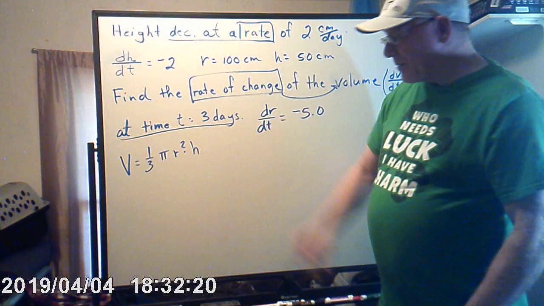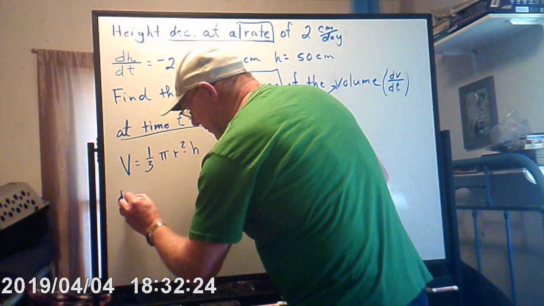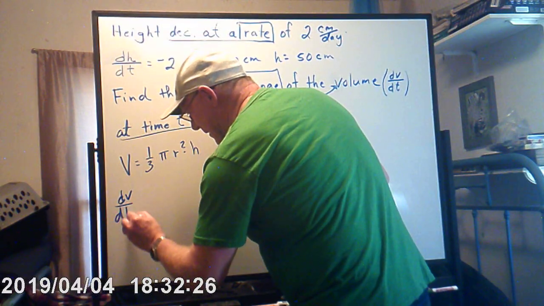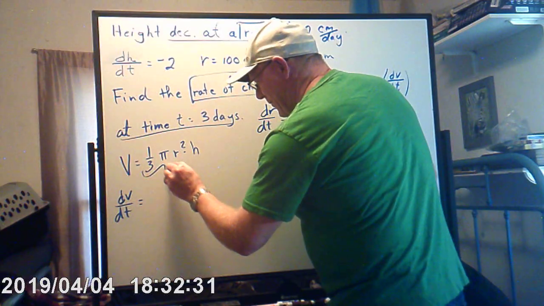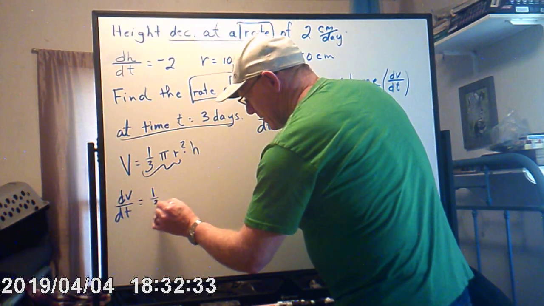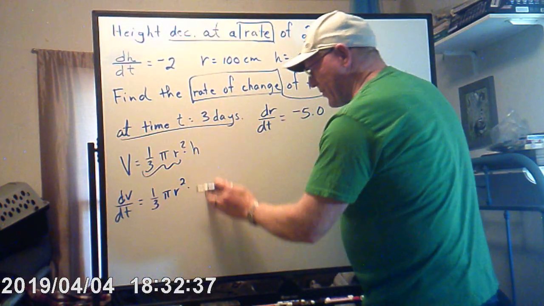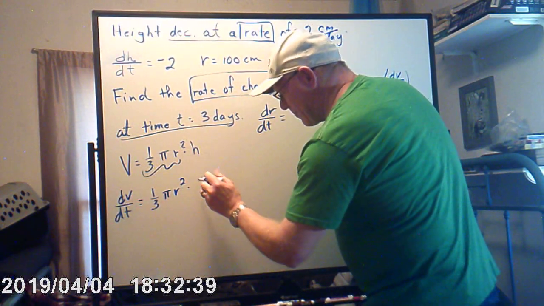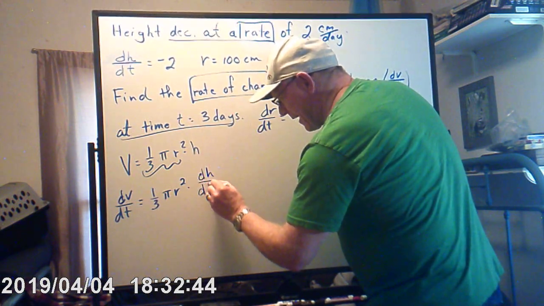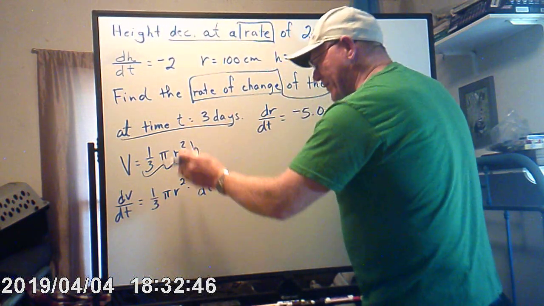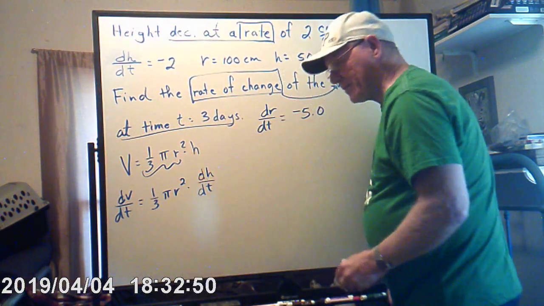This is a product rule, so let's just get the derivative of the left side, dV over dt. Now it's the first, all of this, times the derivative of the second. And the derivative of H is 1, but it's 1 times dH over dt. Got to remember that. When you take the derivative of this and you have two variables, you have to do this in this fashion.